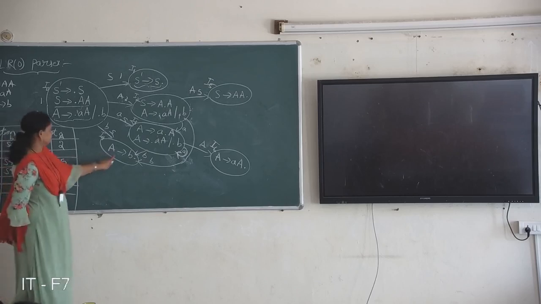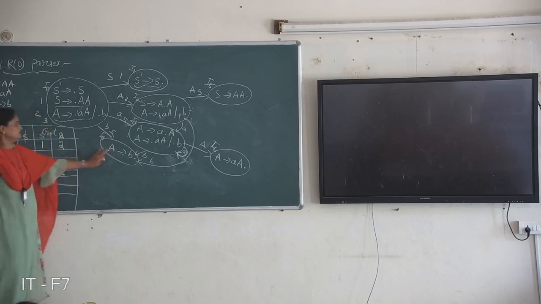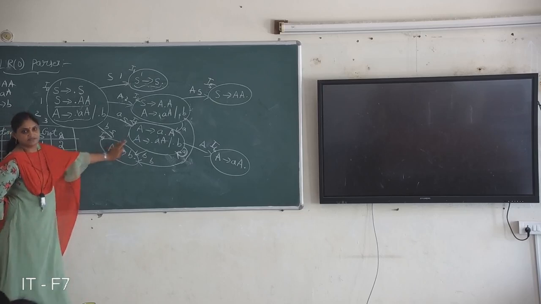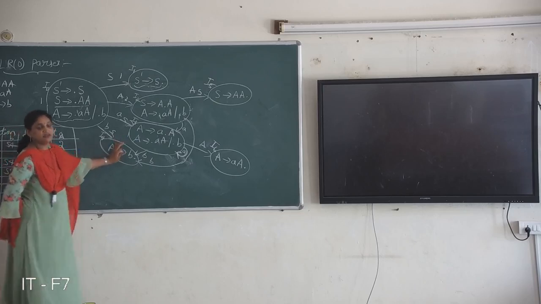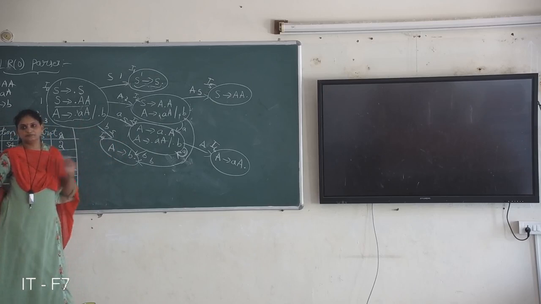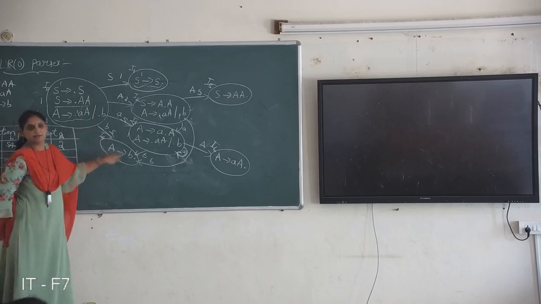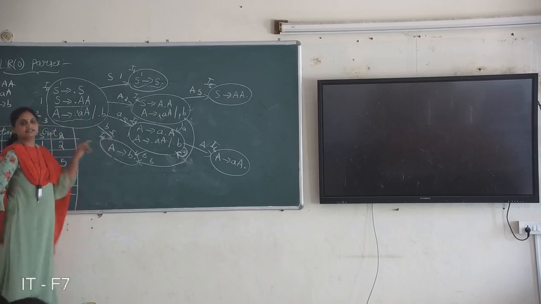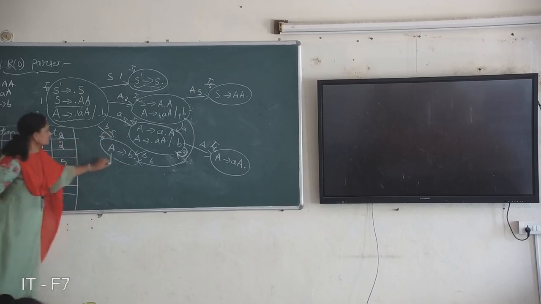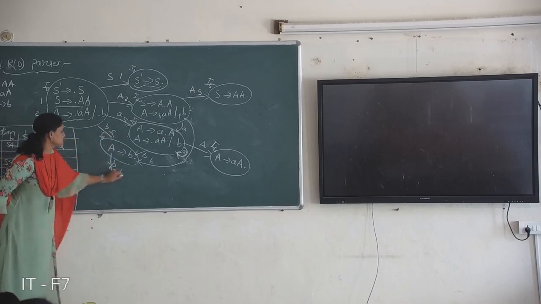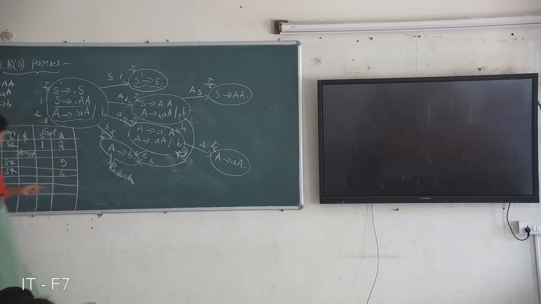Next, I4. I4 is the state, there are no transitions on I4, and it contains a complete item. The production is a complete item. Whenever a state contains a complete item, you can perform reduction operation in the complete row. And which production is it? What is the production number? A derives b, the third production.